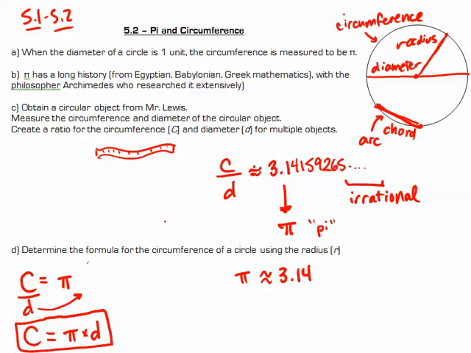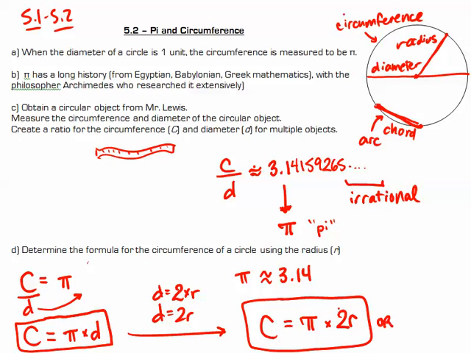Now, if we combine this with magic formula number 1, which related diameter and radius, we remember that the diameter is equal to twice the radius, or 2r. So if I combine this with formula number 2, I now get the alternate formula number 2. C is equal to pi times, instead of the diameter, 2 times the radius.